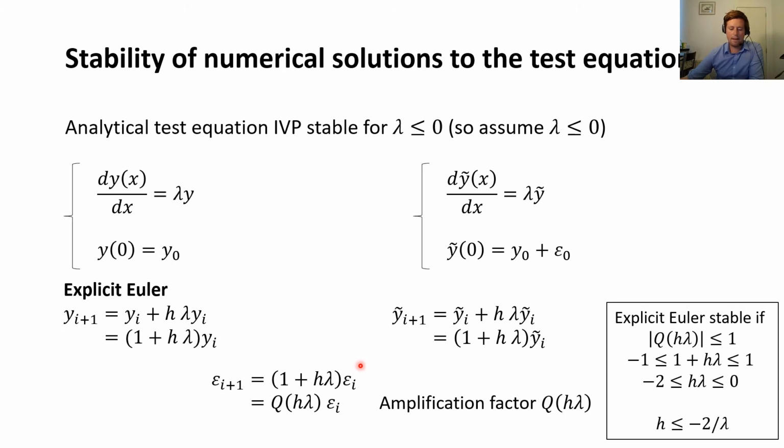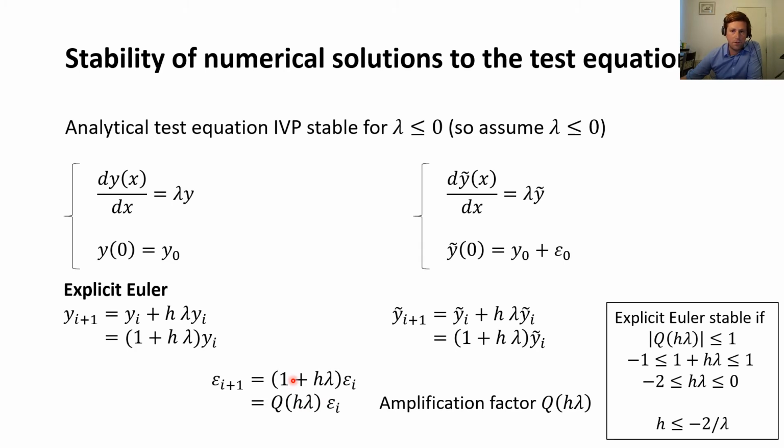Now we can say that in order for this epsilon to remain bounded for all possible i, so if we keep on increasing our horizon of integration, this is only stable if the absolute value of this 1 plus h lambda, or the amplification factor, is smaller than or equal to 1.